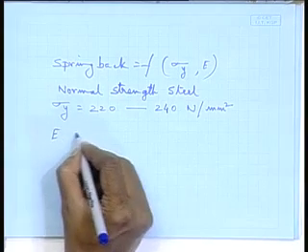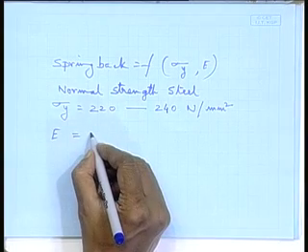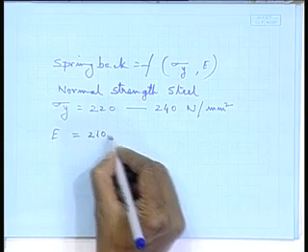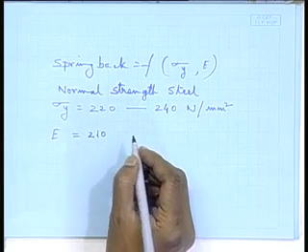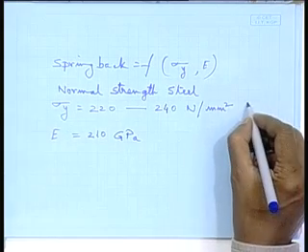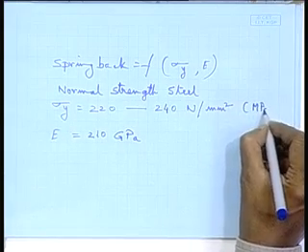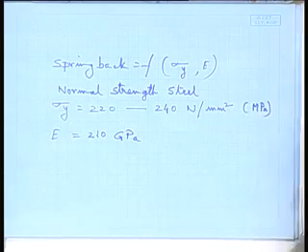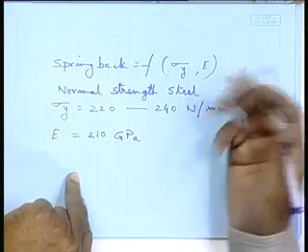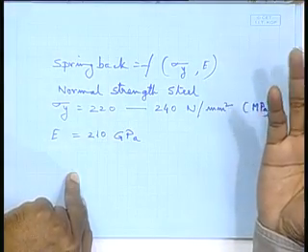Similarly, E is of the order of 210, say, gigapascal, right? This is megapascal, that is gigapascal, of that order. Now, you see, which value to take, 220 or 240? That is the problem. Which value to take?